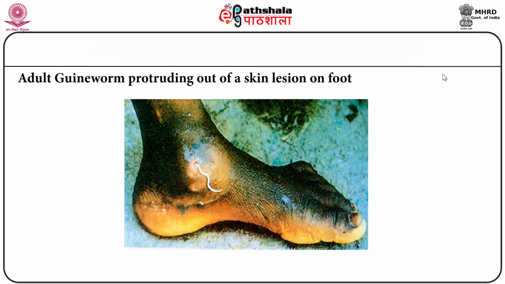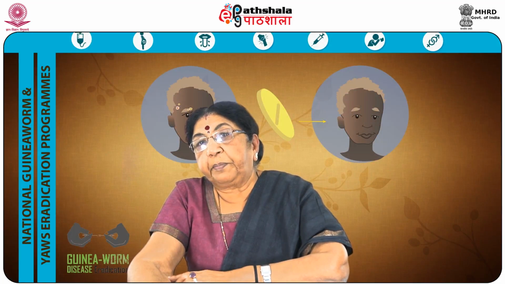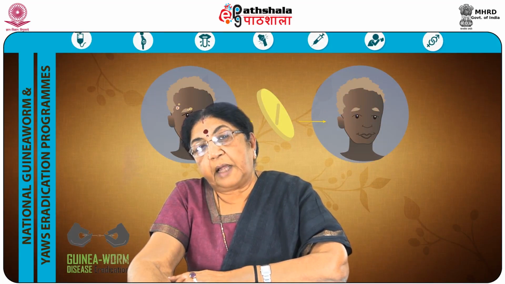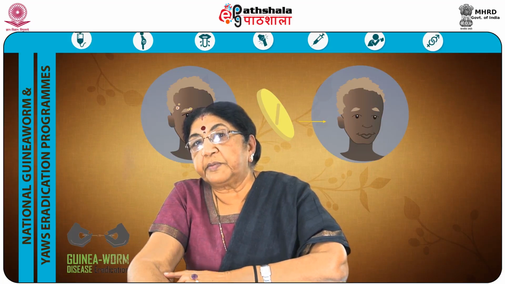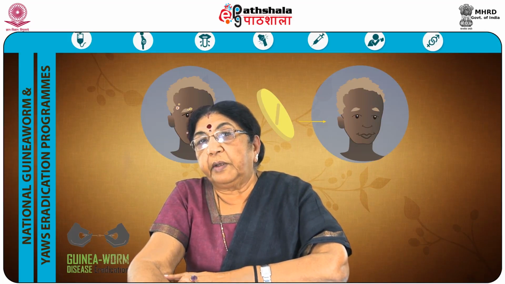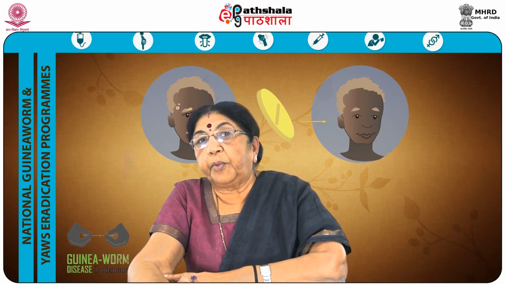Now I show you a beautiful picture of a Guinea worm exiting from the peripheral part, that is the leg. I would like to mention an important point: once the patient starts to show symptoms of the exiting Guinea worm, one has to take a lot of precautions. If these precautions are not taken, there may be toxic reactions either locally or over the whole body.